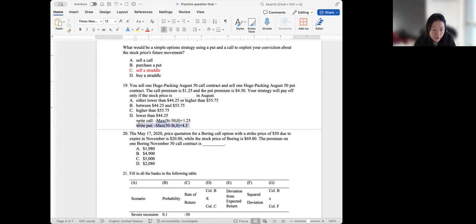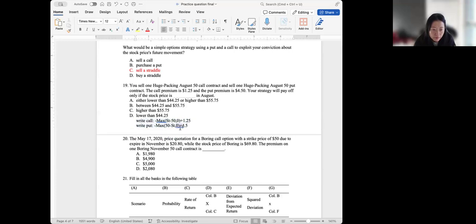So adding these two together, we have a negative.